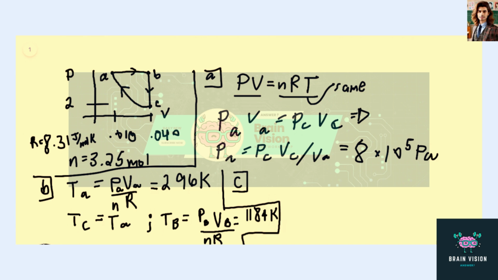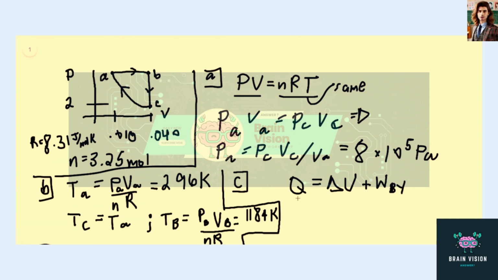For C, now we want to find all the Q's. The equation we want to use is Q equals delta U plus the work done by the gas. So Q is that in general.